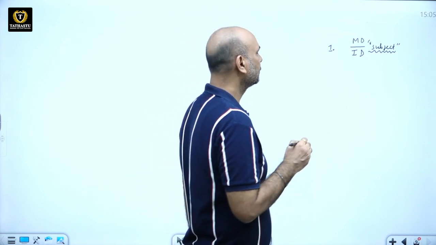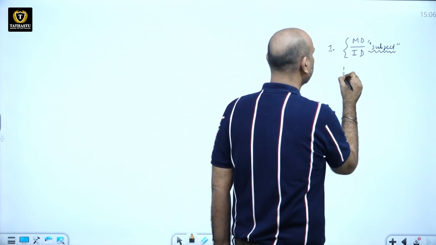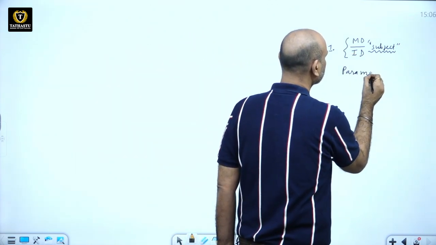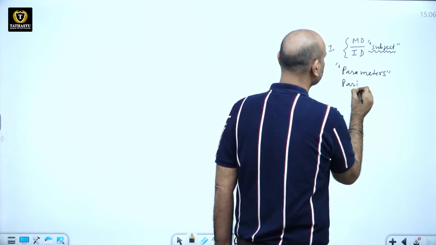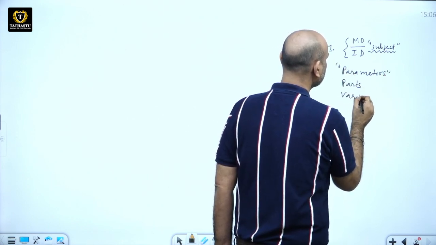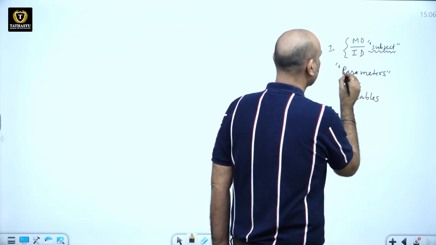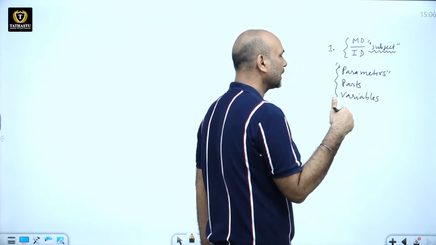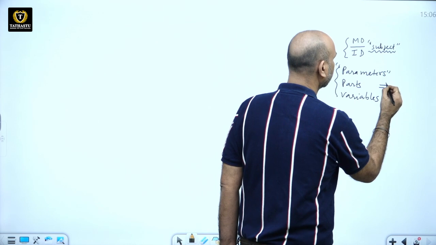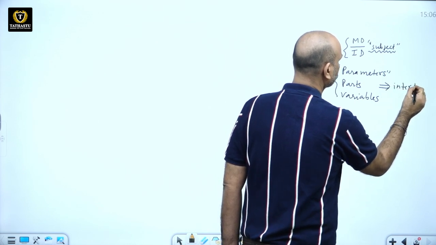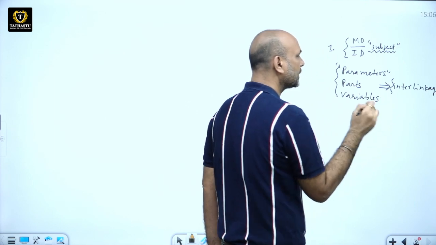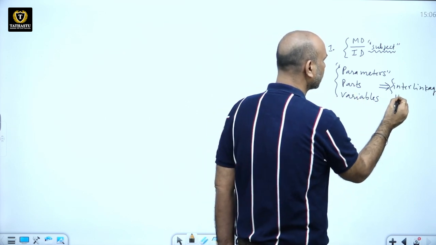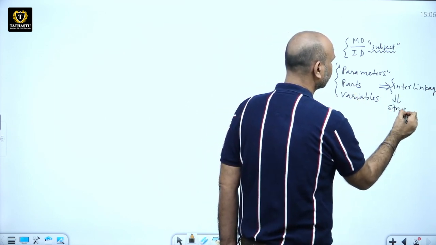So we need to understand the basic parameters, parts or variables included into the sections and subsections of the geography and their interlinkages. And understanding of interlinkages provides us structural view.